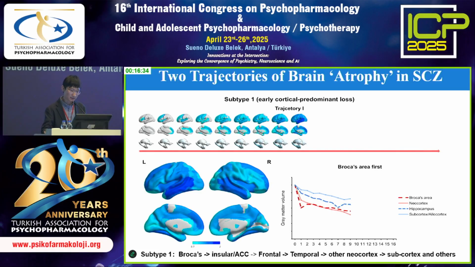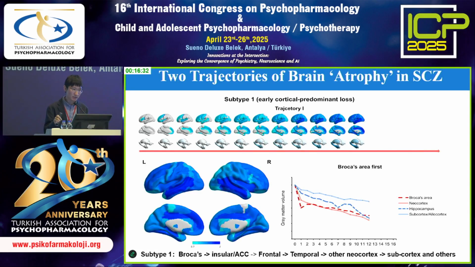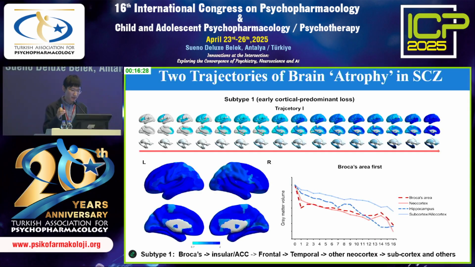In the first trajectory, brain atrophy is observed first in Broca's area and the insula, then moves to the anterior cingulate and prefrontal temporal cortex, then to the neocortex, and finally to the subcortex. This is the first subtype, atrophy from Broca's area.